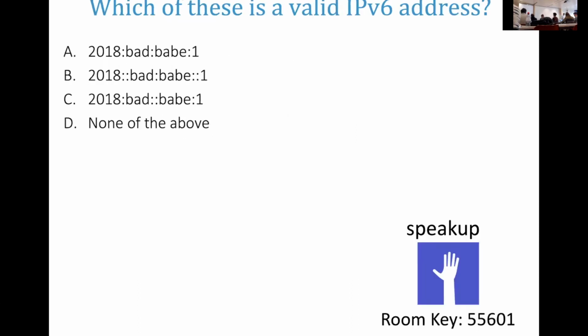Let me ask you this question. Here I'm showing you 3 possible addresses, and I'm asking you which one is a valid IPv6 address. I invite you to join the Speak Up and answer this question. The poll is open.